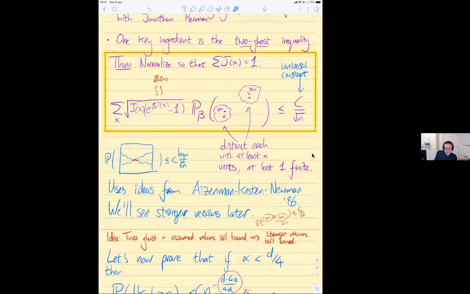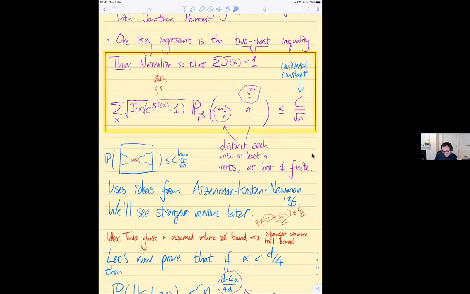Of course, Burton and Keane came along 2 years later with a much simpler proof, which is the one most people learn now. But Aizenman, Kesten, and Newman were the first, and in fact, their proof, at least implicitly, contains stronger quantitative information than the Burton-Keane proof.